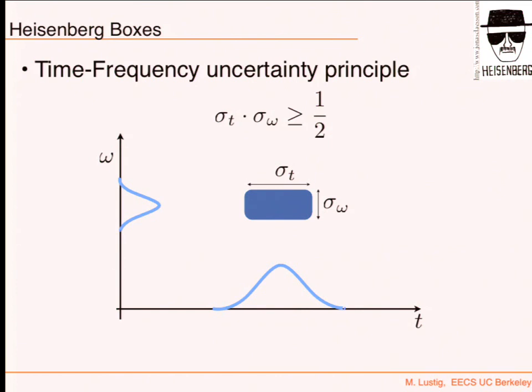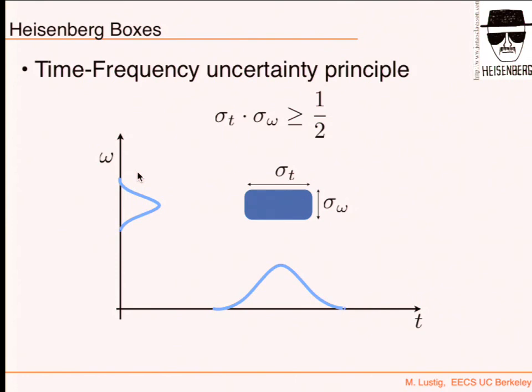Okay, and what it tells you basically is that if you look at Gaussians, which have a parameter, the standard deviation, the standard deviation in time multiplied by the standard deviation in frequency is always bigger than half. Beautiful. Okay? Always bigger than half. For a Gaussian, it is exactly a half. For other signals, it's bigger than a half. That's what it tells you.